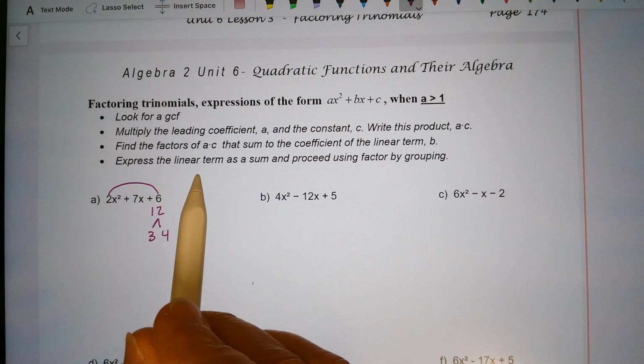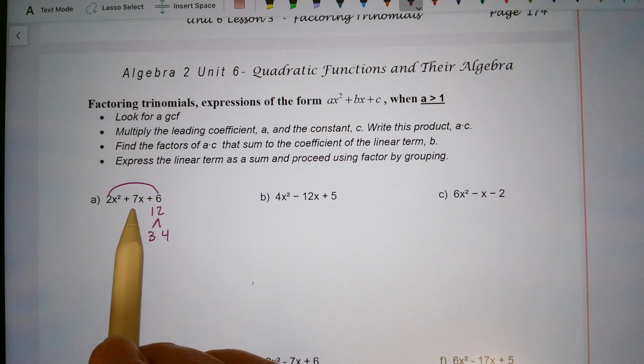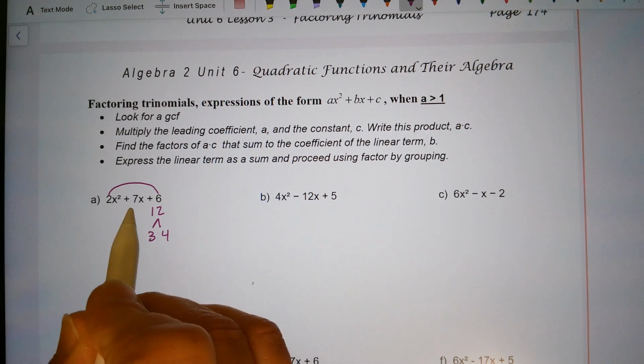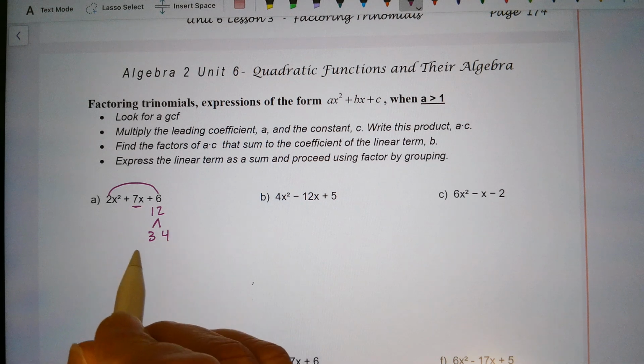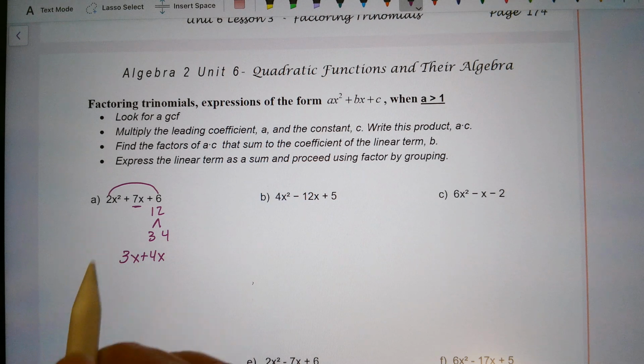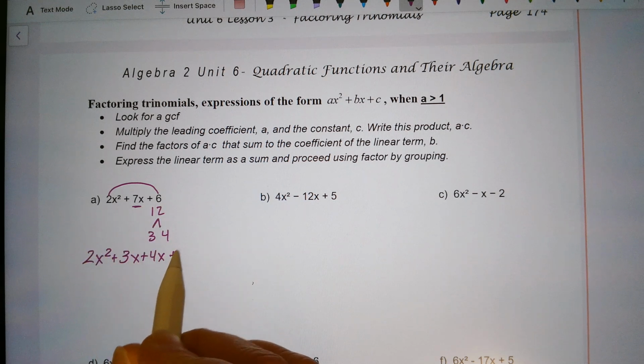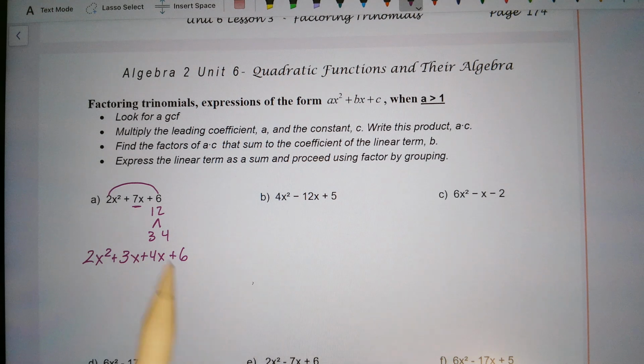Now we're going to express the linear term, the 7x, as the sum and proceed using factoring by grouping. So in other words, we're taking this 7x and we're rewriting it as 3x plus 4x. Copy down the first term, 2x squared, and the constant 6. So all we've done is we've taken the 7x and rewritten it as 3x plus 4x.